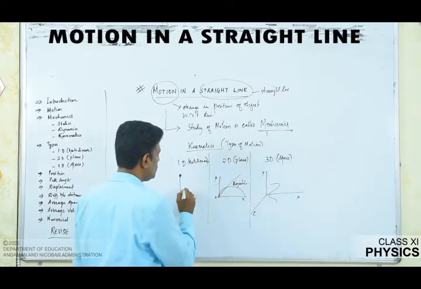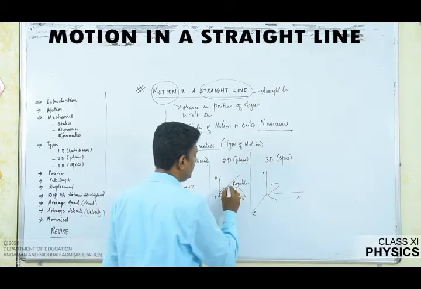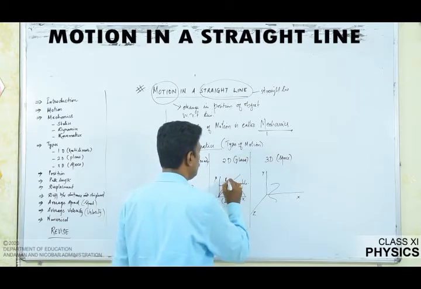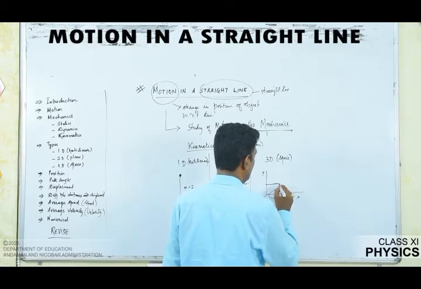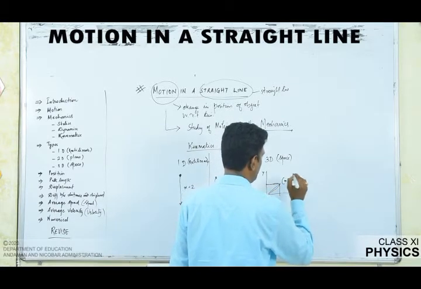Just like x is equal to 2, the position, here we may take this as 2, 4, and in this we have to represent in 3 dimensions, say x, y, z.